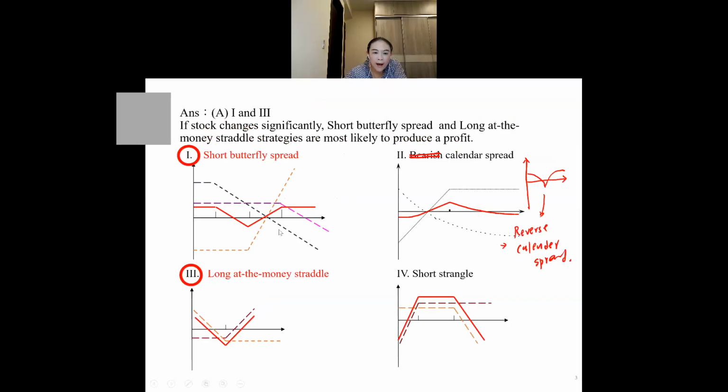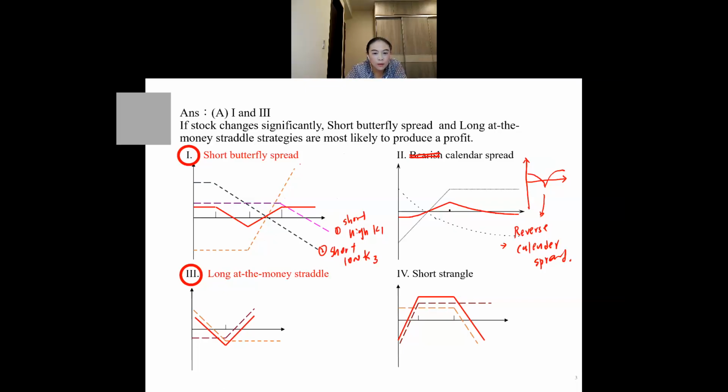The first one is short butterfly. As I just mentioned, you short one with a higher K1. That's the first one, short high K1. And then you short another one with the low strike, we call it K3.